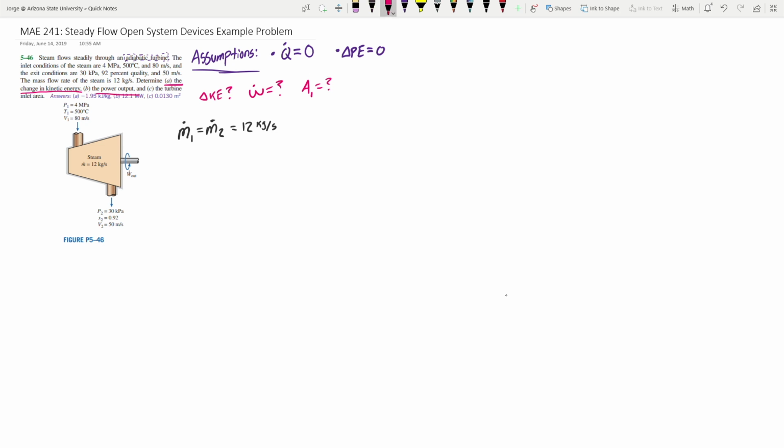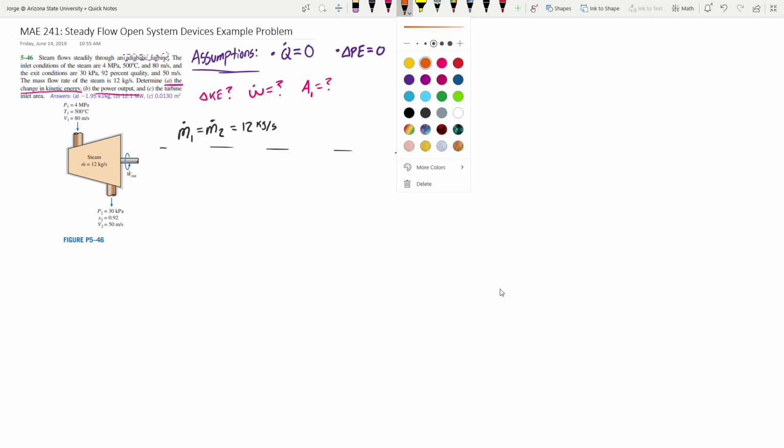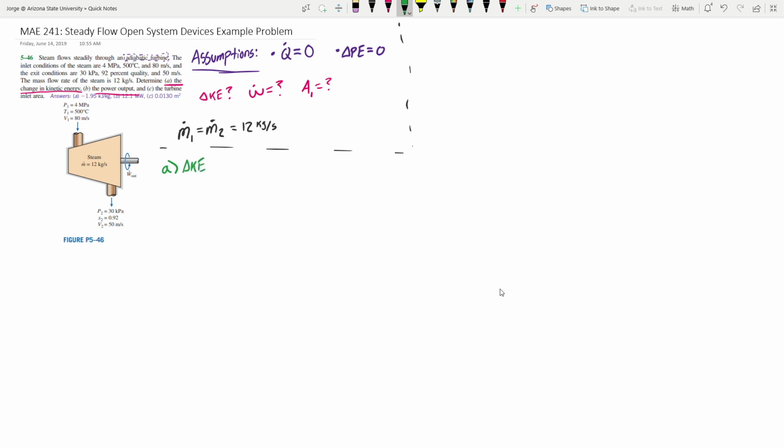So for part A, we want the change in kinetic energy. So let's break this down. Let's do green here. So A. The change in kinetic energy we know is 1/2 m v squared.